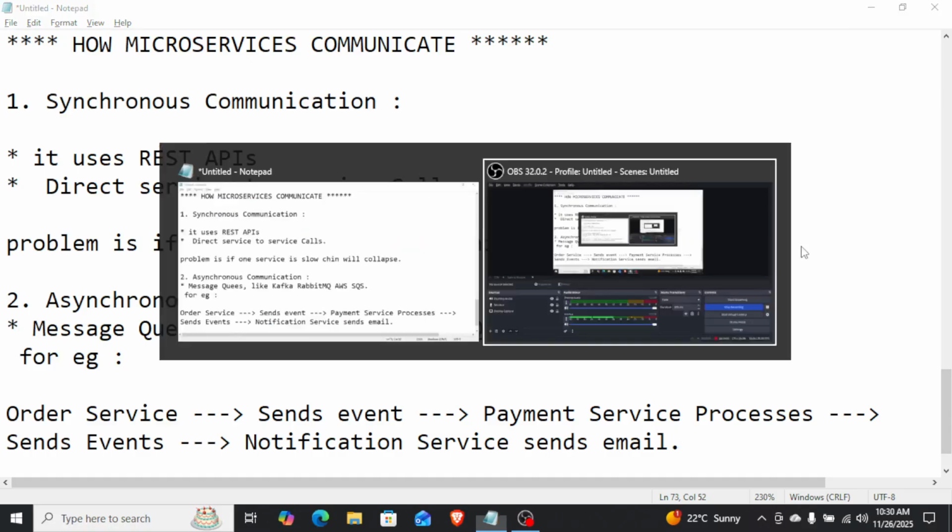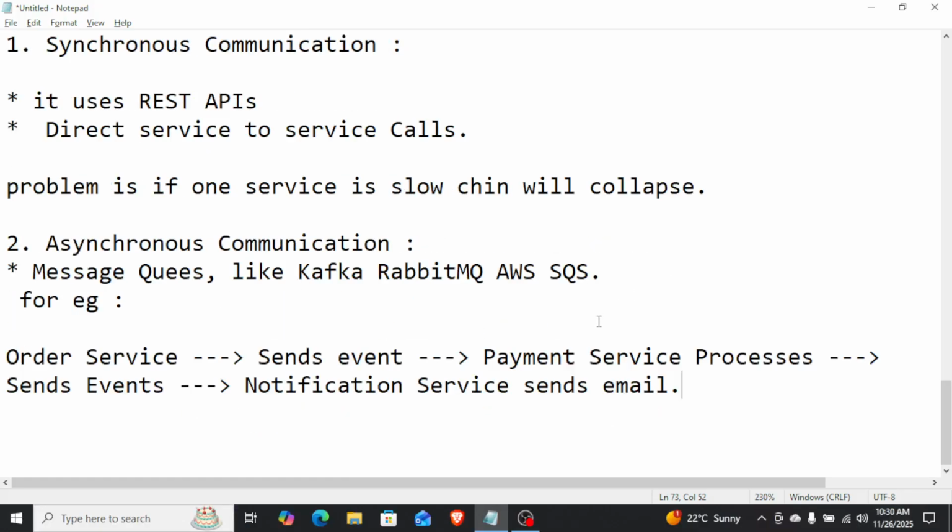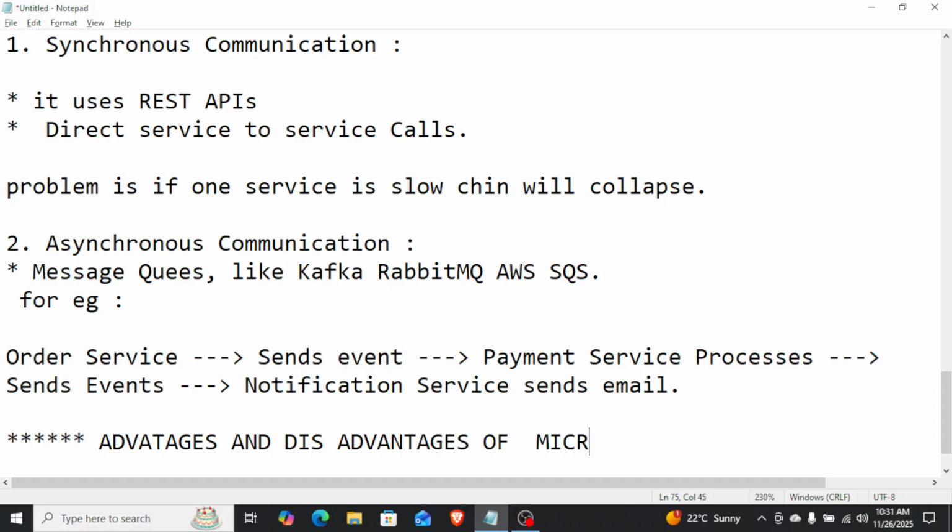Now we will see advantages and disadvantages of microservices.